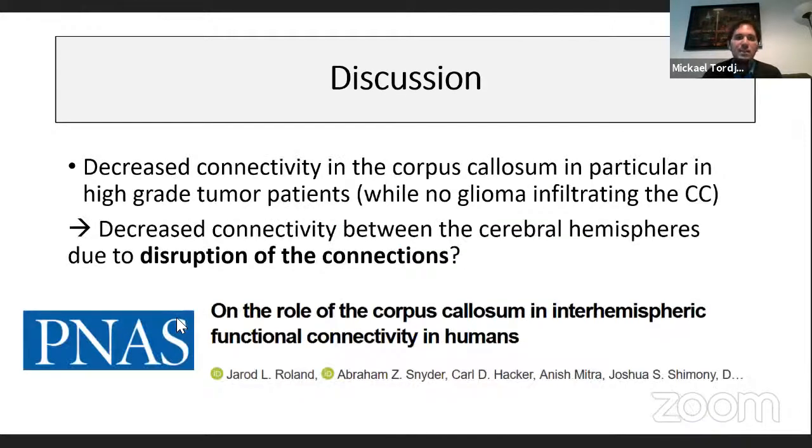So that could explain why we found decreased connectivity in the corpus callosum in our study, in particular in high-grade tumor patients, while there was no glioma infiltrating the corpus callosum. So maybe the decreased connectivity between the cerebral hemispheres is due to a disruption of the connections.